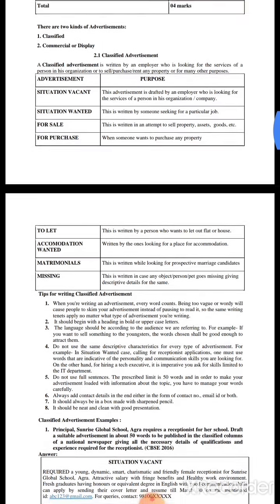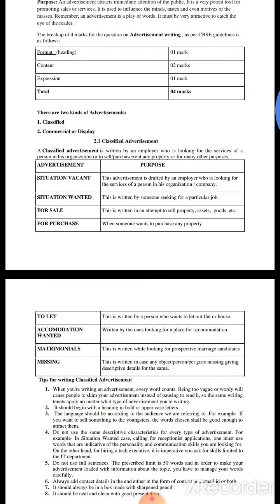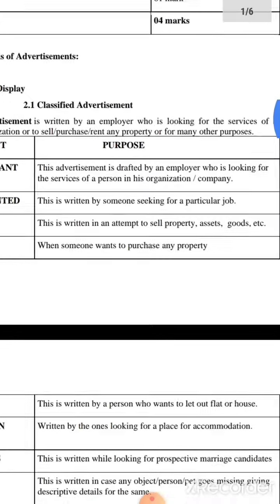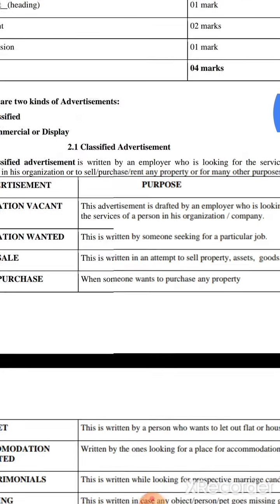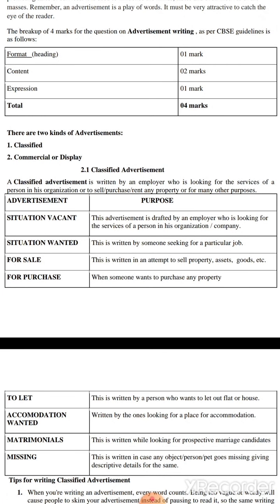First of all, we shall see the advertisement and then the purpose. So, the first one is situation vacant. The advertisement is drafted by an employer who is looking for the services of a person in his organization or company.